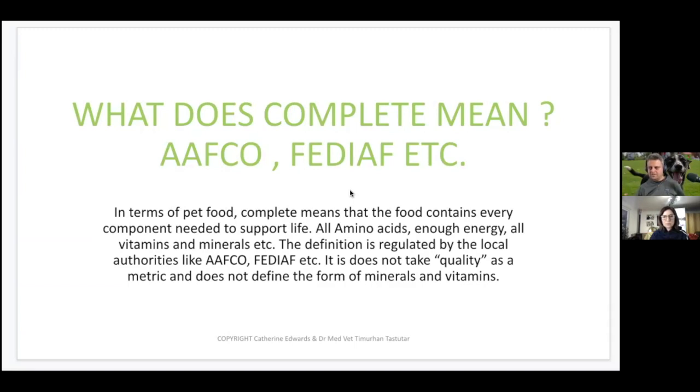Most of the additives are added regardless of the quality of the food. That means they are formulated to fulfill the needs of AAFCO or FEDIAF, and that's added in. There is no discussion. There is not even a checking of the quality of the food really, because these are the minimum needs. So just add them and be done with them, because the food is possibly deficient anyway, right? This is how they are formulated mostly.